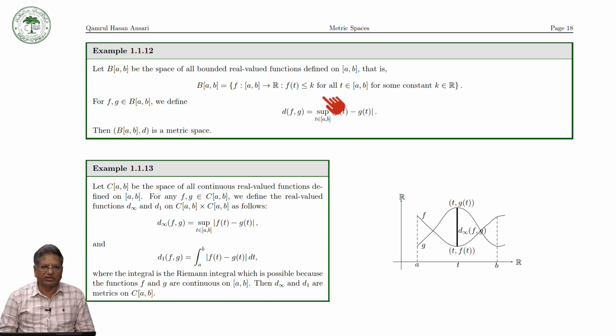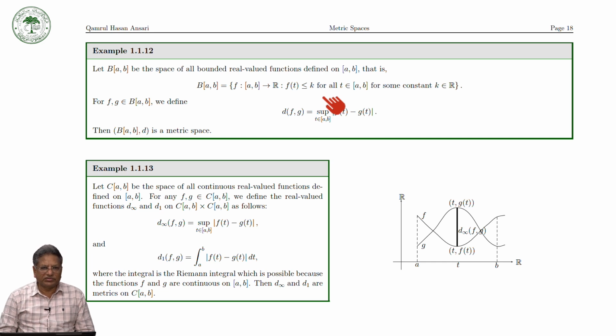And we have seen the space of all bounded real valued functions, and we defined a metric d on B[a,b] in this way: d(f,g) is equal to the supremum of mod of f(t) minus g(t), and then we have seen that B[a,b] with this d is a metric space.